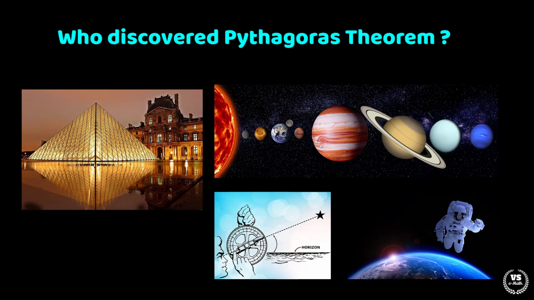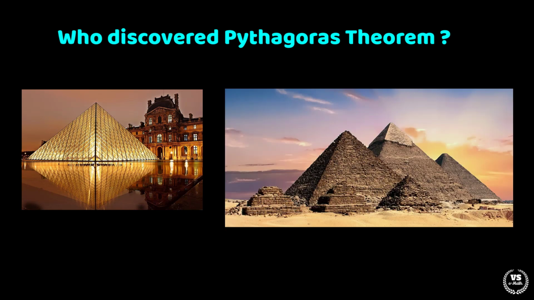So, if without a right triangle, no architecture is possible, then how were pyramids built hundreds of years before Pythagoras actually discovered it? Also, if it was already existing before, then why is it called Pythagoras theorem?